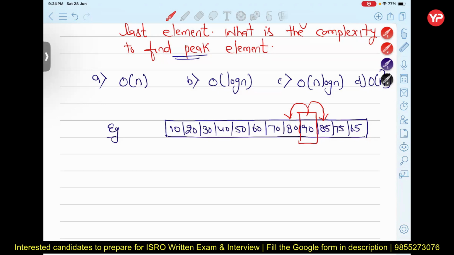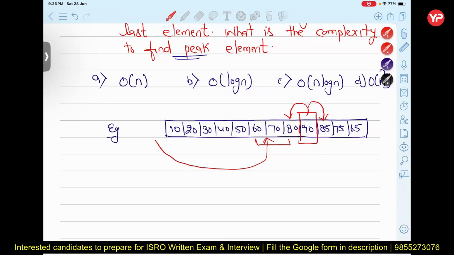One method is to directly scan the array, which takes order of n time. But the second is to apply binary search. Suppose you get 70 as your middle element. Then check both neighbors of 70, that is 60 and 80, one is greater, one is less.